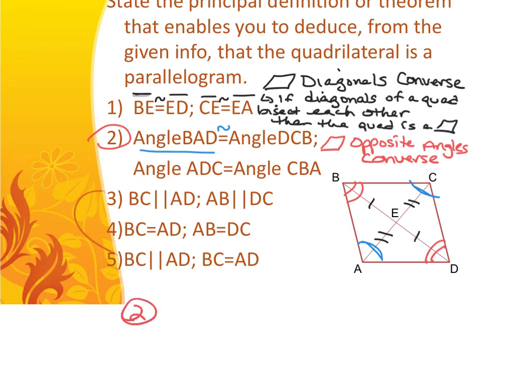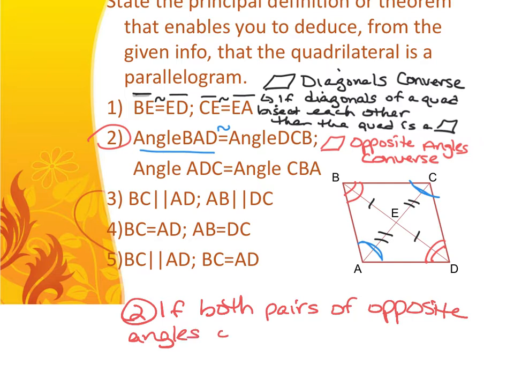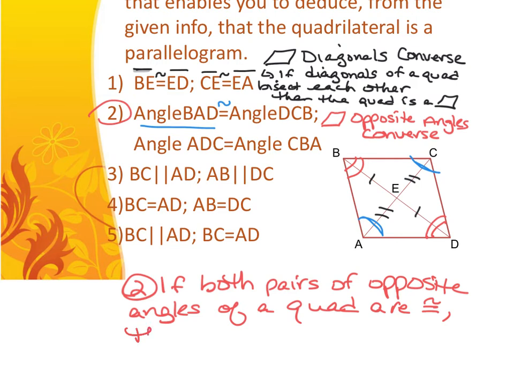So number 2, the parallelogram opposite angles converse, states that if both pairs of opposite angles of a quadrilateral are congruent, then the quadrilateral is a parallelogram. That's what that states.